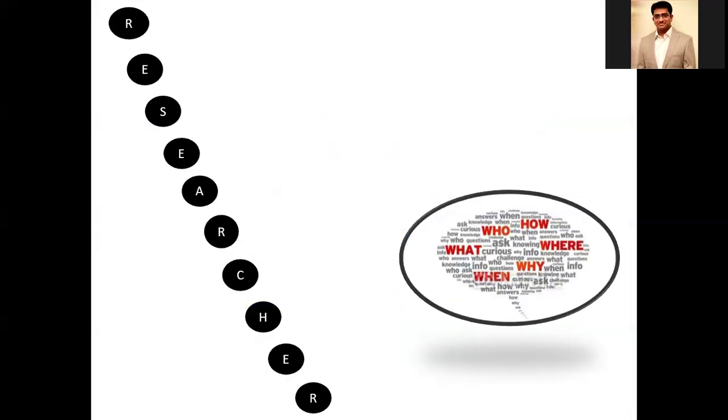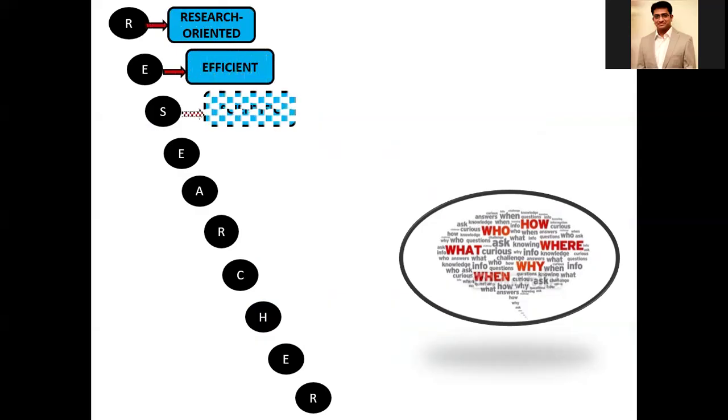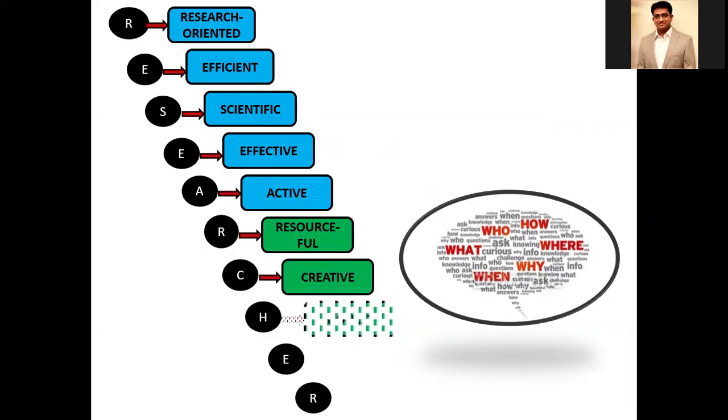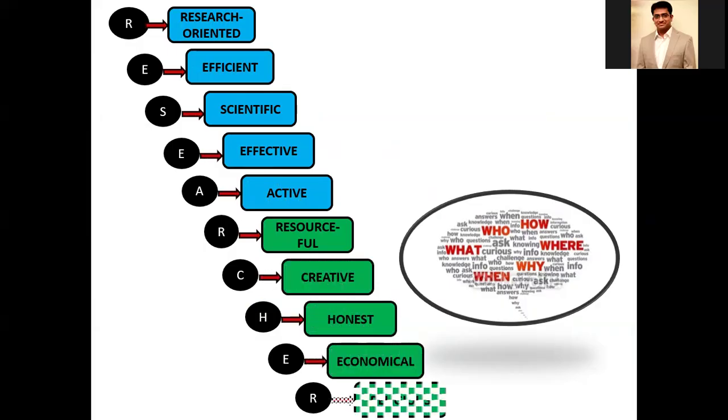The word researcher consists of various letters, and each letter stands for an acronym. For example, R stands for research-oriented, E for efficient, S for scientific, E for effective. The researcher should be active, resourceful, creative, honest, and economical in conducting a study, and should be religious.